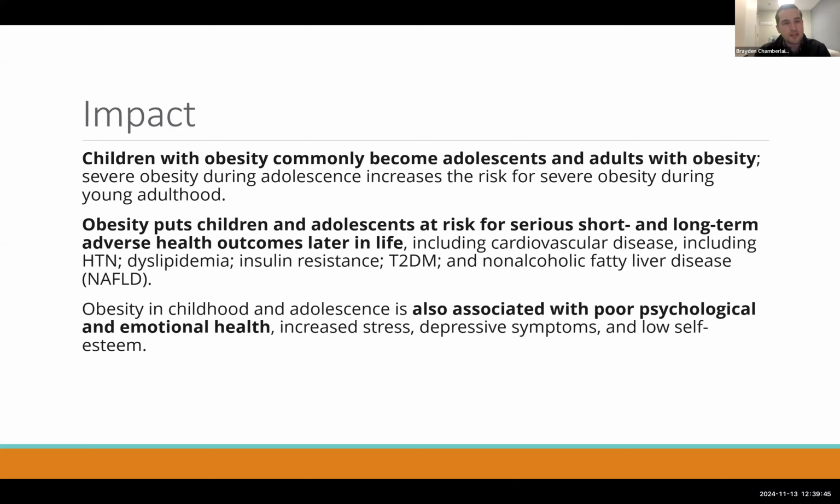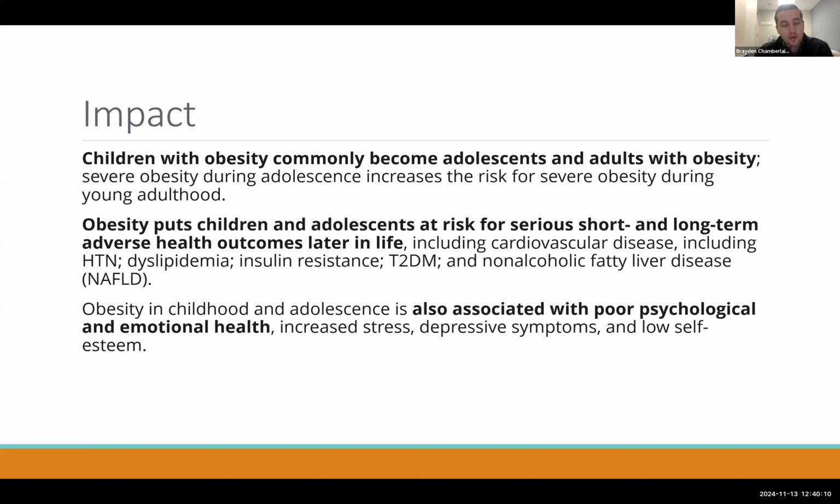What does this result in? What's the impact from this? Well, we can see that this doesn't just affect children, because children with obesity commonly become adults and adolescents with obesity. The same is true with severe obesity. So people with severe obesity end up being severely obese as they get older.